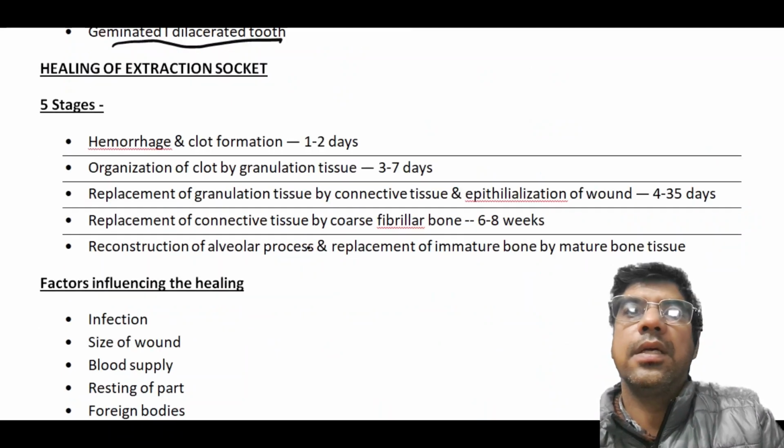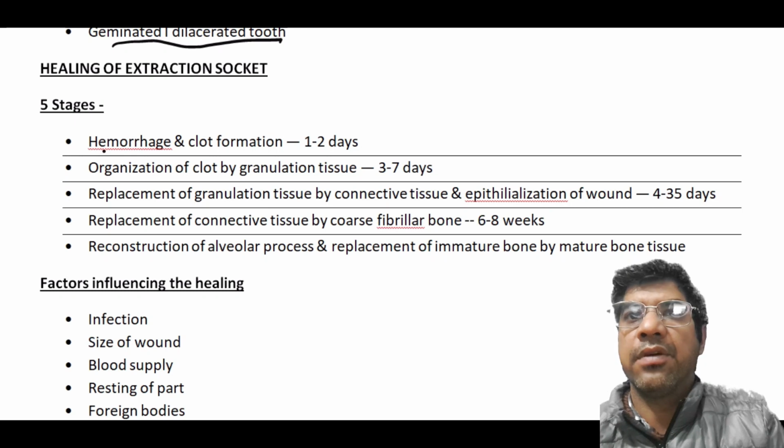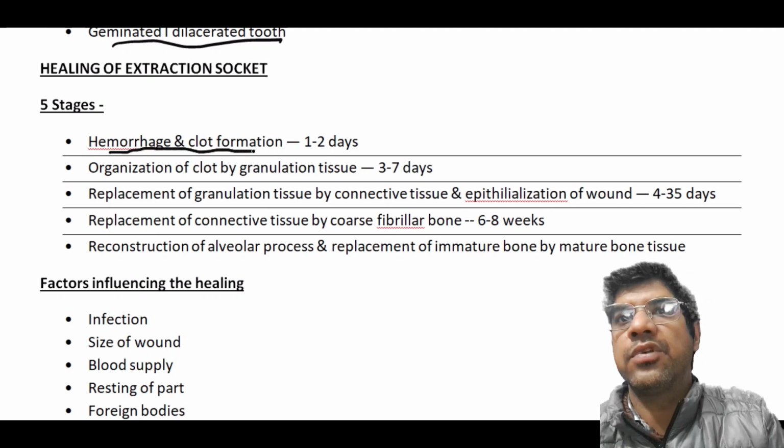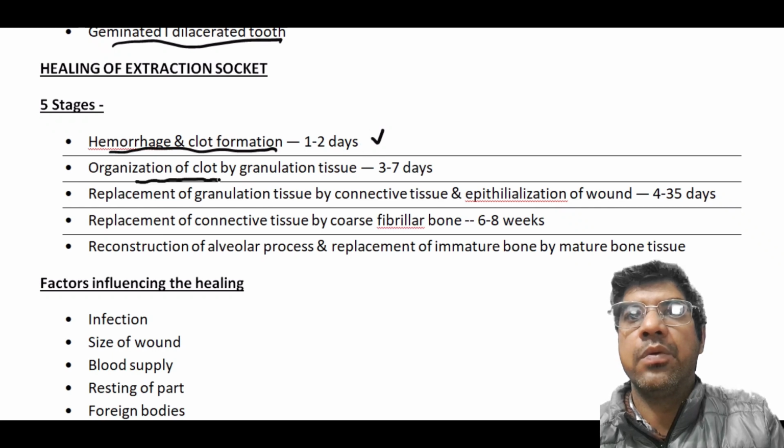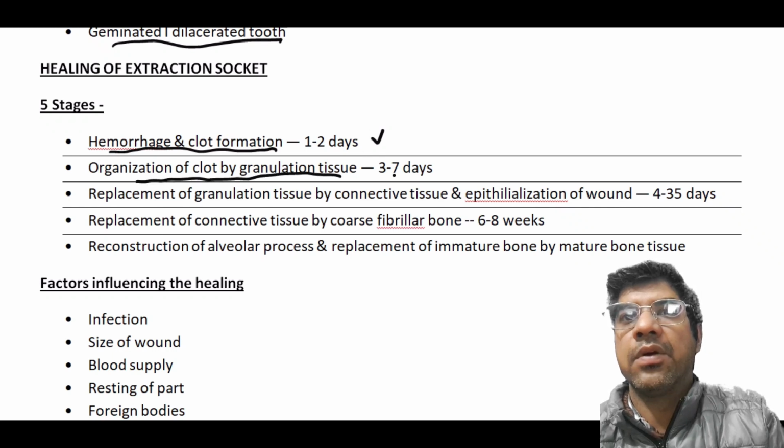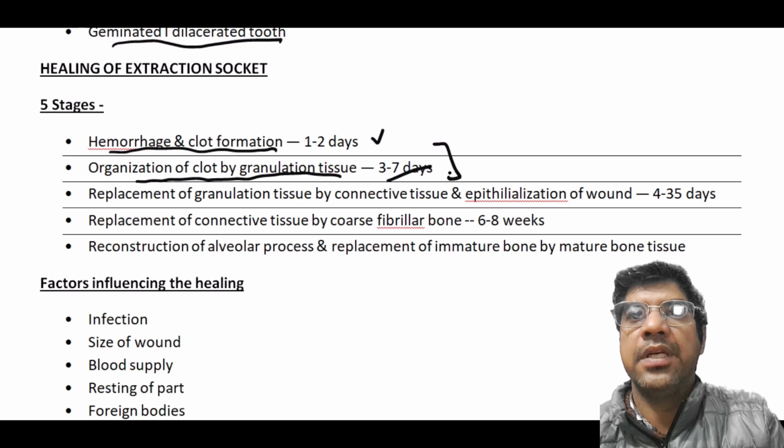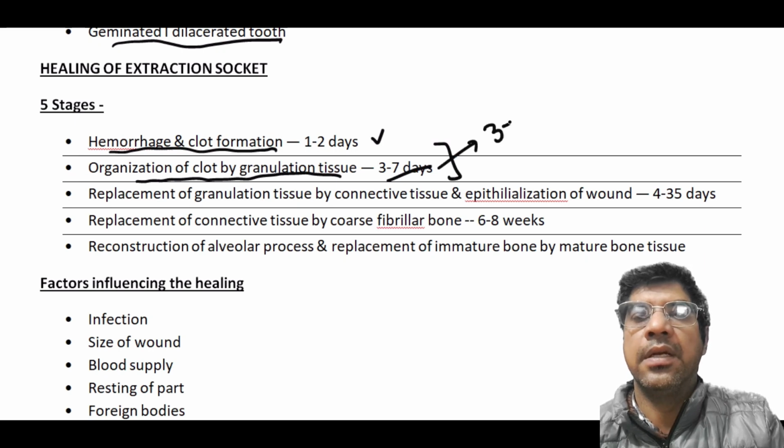Now what are the steps in healing of extraction socket? First of all, there would be hemorrhage and clot formation. It is seen in 1 to 2 days. Then there is organization of clot by the granulation tissue. The duration is 3 to 7 days.